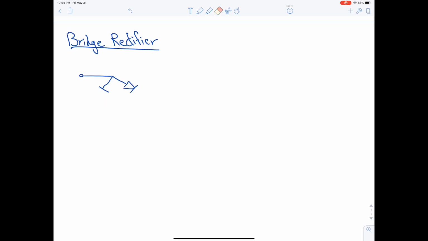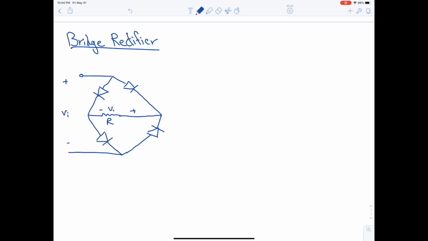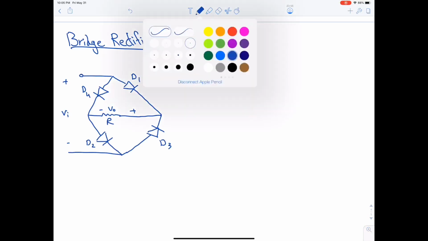It looks nasty. Okay, this is D1, this is D3, this is D4, and this is D2. Okay, let's start sketching the curves.